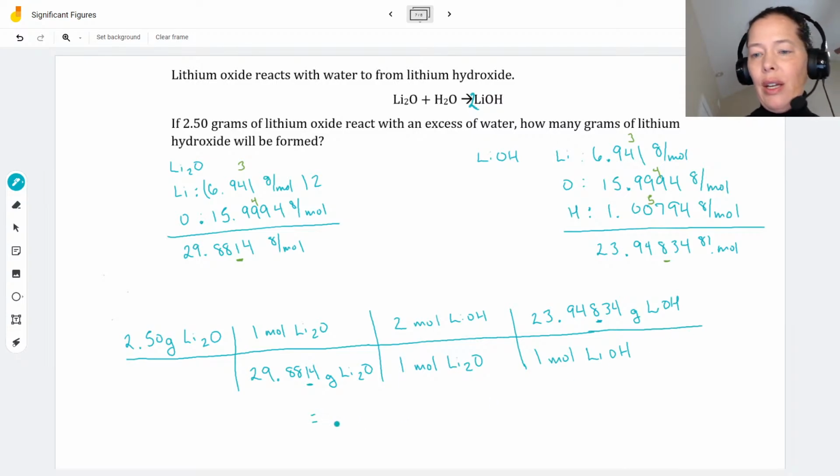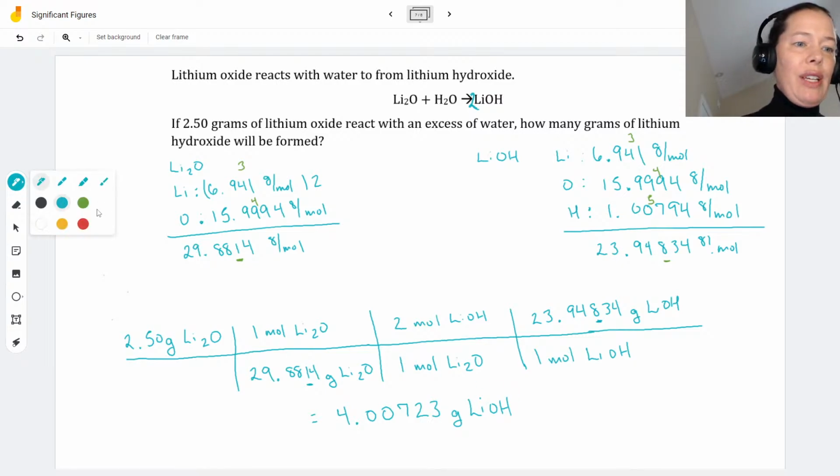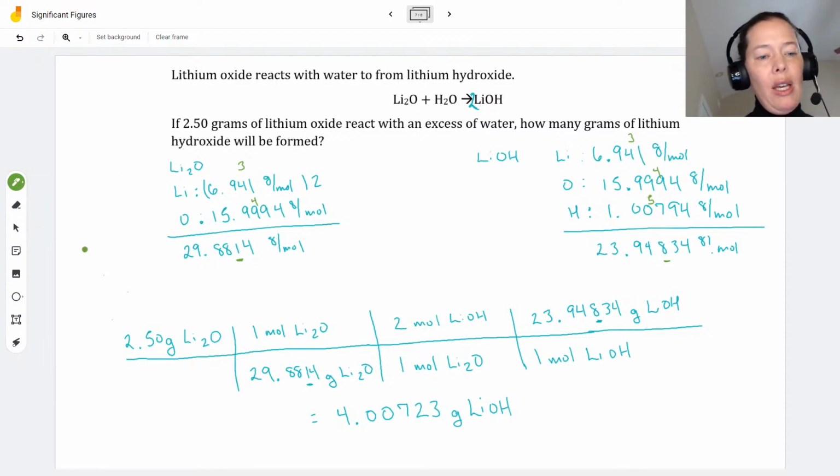Okay, so I put that in my calculator and I get 4.00723 grams of lithium hydroxide. And now let's do sig figs. Okay, so I started with 2.50. That has 3 sig figs. My molar mass, remember here, I rounded to 4, so I have 1, 2, 3, 4, 5 sig figs.